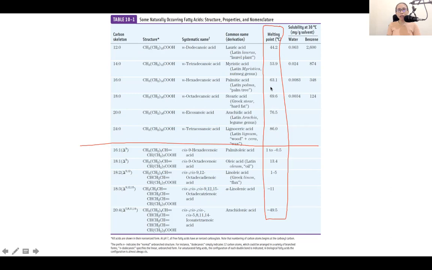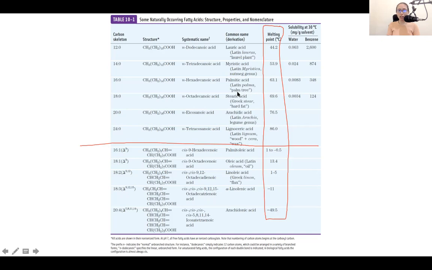So butter, for example, what kind of fatty acids are mostly in butter? Saturated or unsaturated fatty acids? Butter, lard, margarine, vegetable shortening.